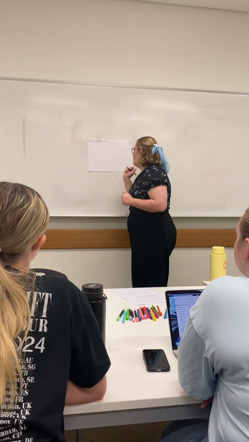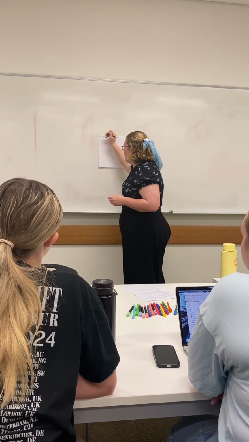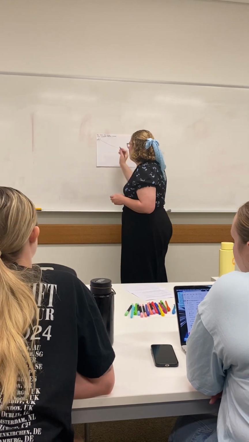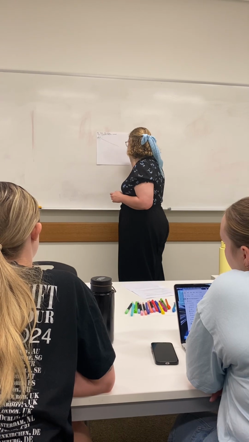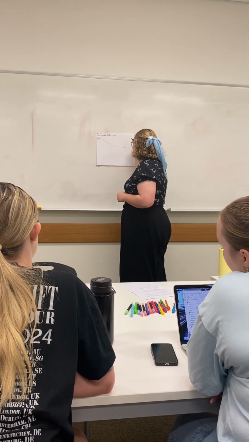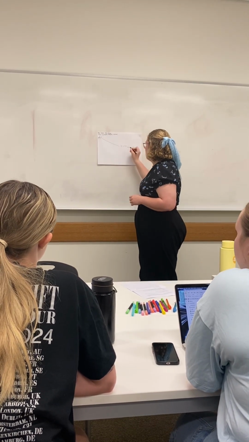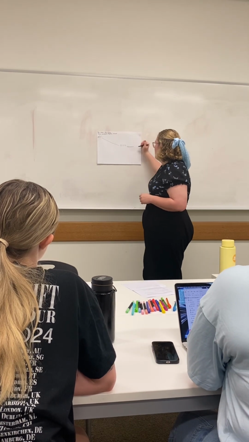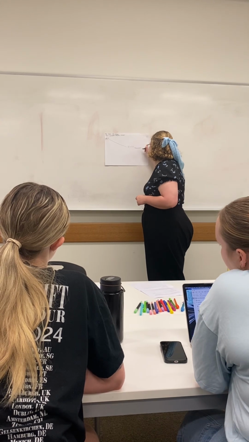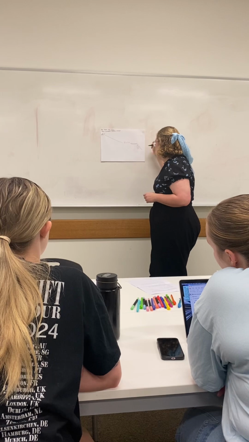So maybe we'll start with our tube going down. So the marble run's going to start here, and then it's going to go down to here, and it's going to knock over some dominoes, and then it's going to slide across some cardboard, and then our magnet is going to pull it down.